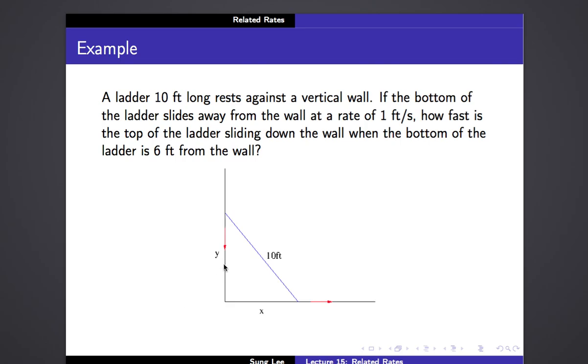Here we have two quantities, represented by x and y. x is the distance from the wall to the bottom of the ladder, and y depicts the distance from the top of the ladder to the floor.